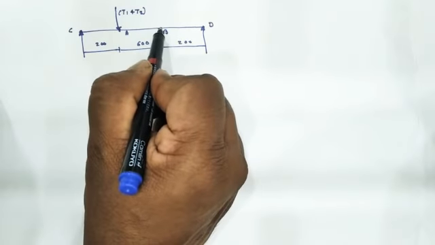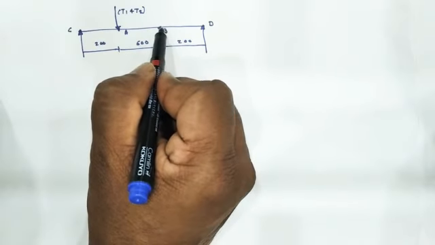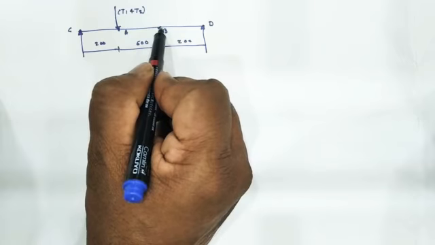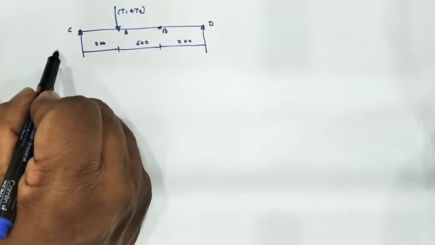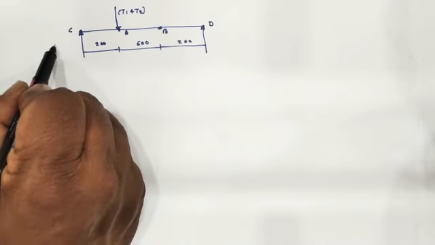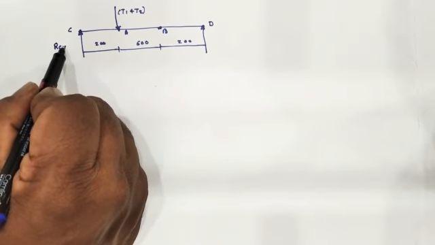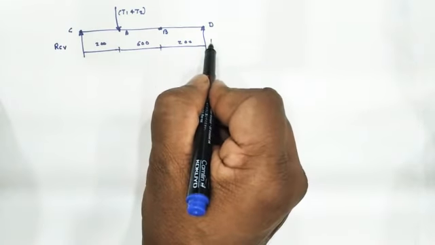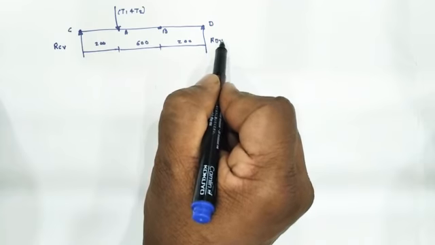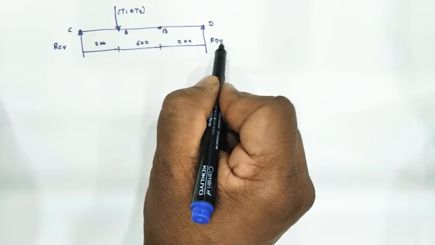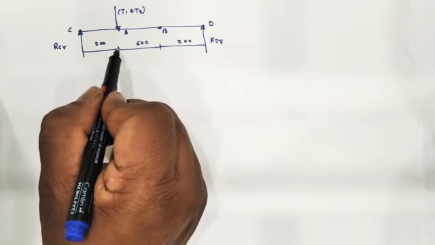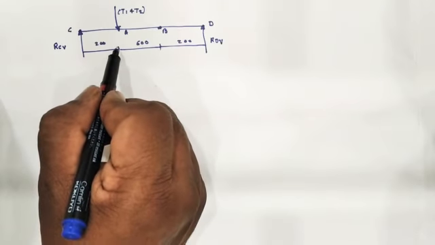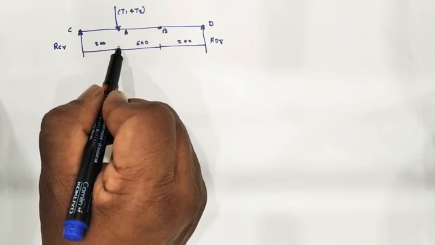At location B, pulley B transmits the power only in horizontal plane, so no load at location B in a vertical plane. So in the vertical loading diagram, this is the point RCV, V stands for vertical, RDV, V again stands for vertical, and these are the distances. This diagram is called the vertical loading diagram.